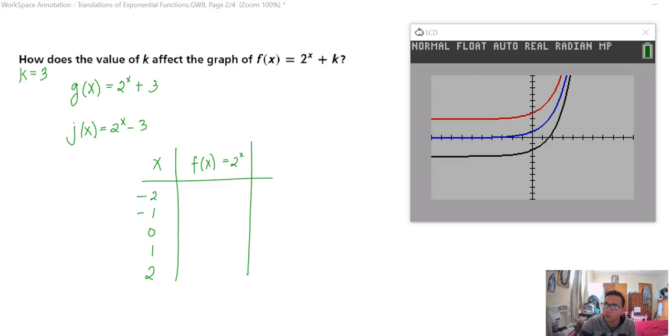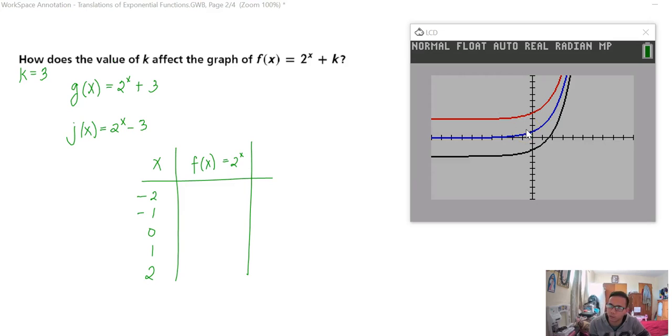As we can see, the red color compared to the blue color is the vertical translation of the blue graph. If k is positive, I want you to take this down.